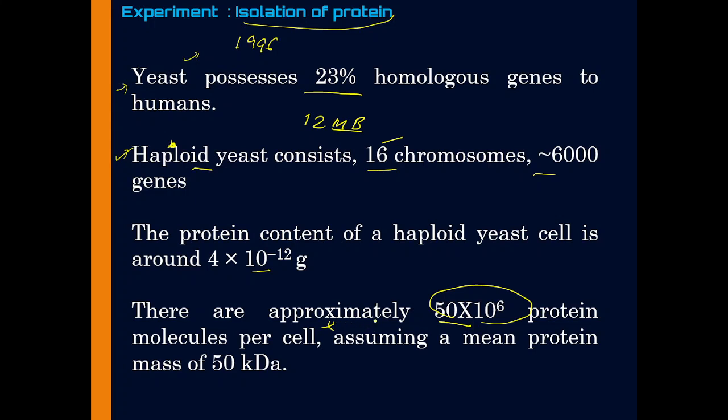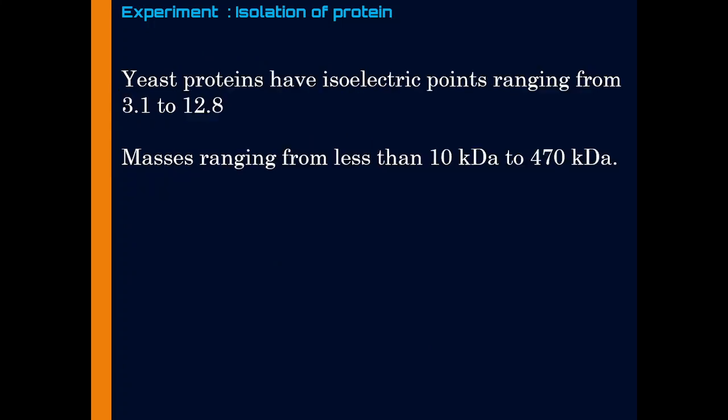This is based on the assumption that the protein size is 50 kilodaltons. By the way, protein sizes differ. I will show you a 2D gel picture as well to help you understand. So this is about the yeast and its protein content.